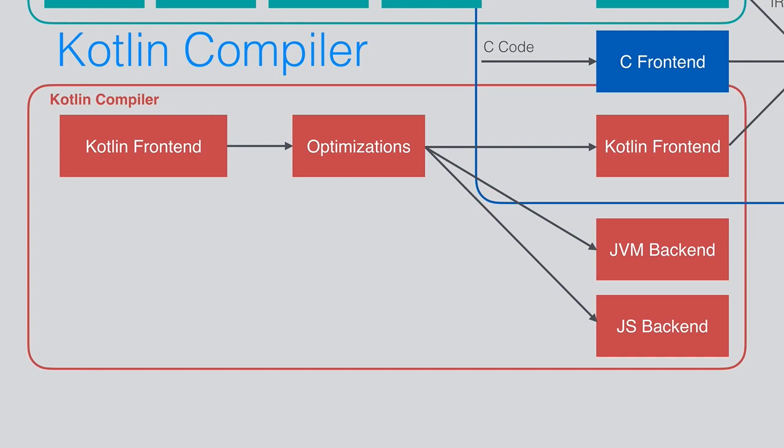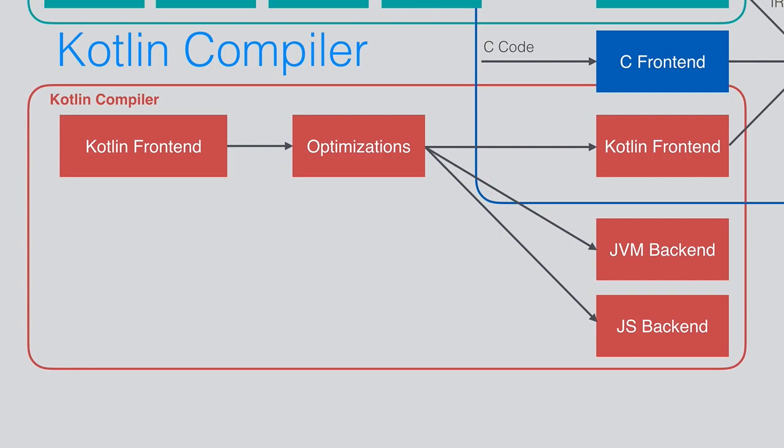You have a front end, which for Kotlin just processes Kotlin code. It turns it into its own intermediate language. It runs all of its optimizations on that, and then the way that Kotlin JVM, Kotlin JS, and Kotlin Native work is they're just custom backends for the Kotlin compiler.